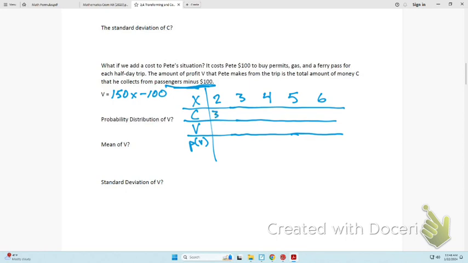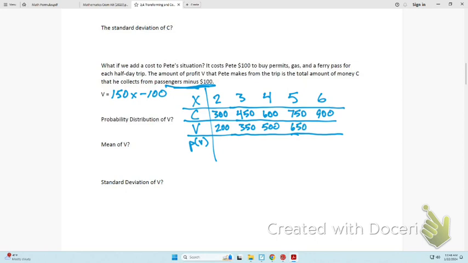So we know this was 300, 450, 600, 750, and 900. So for V, the profit, we just need to take 100 away. And that's how much he's profiting.